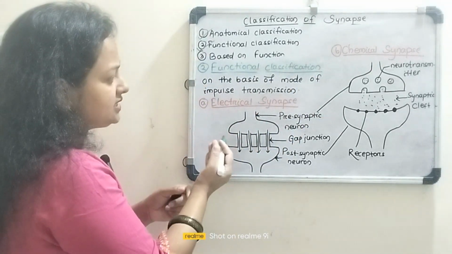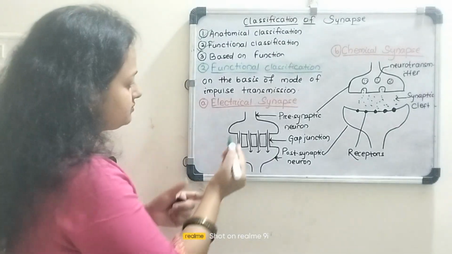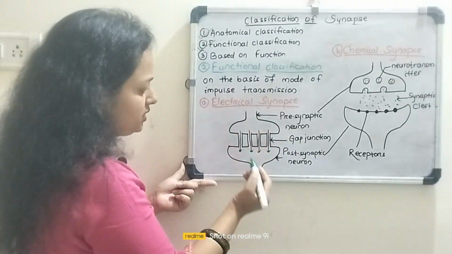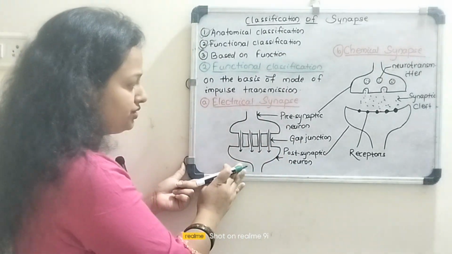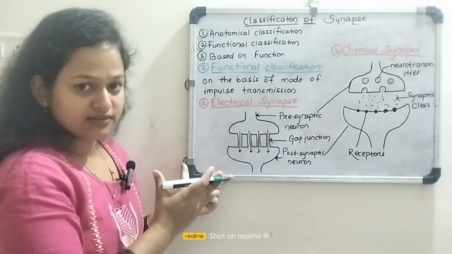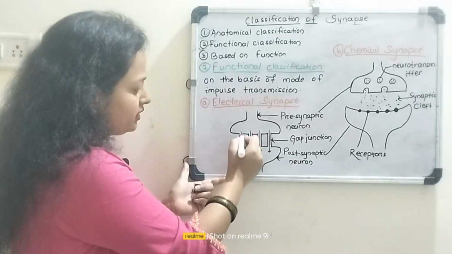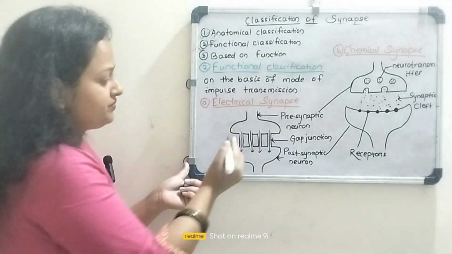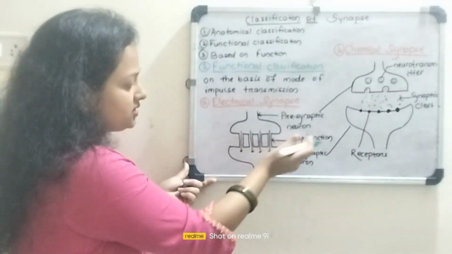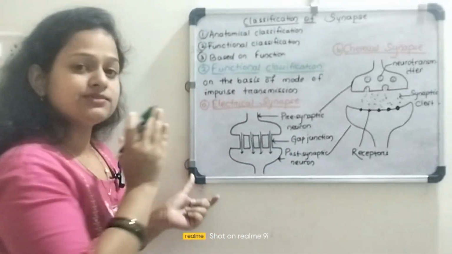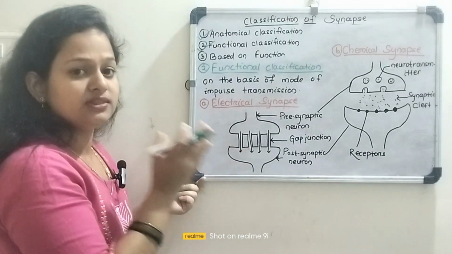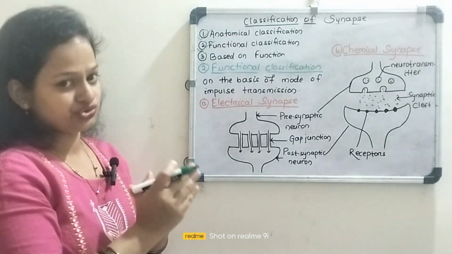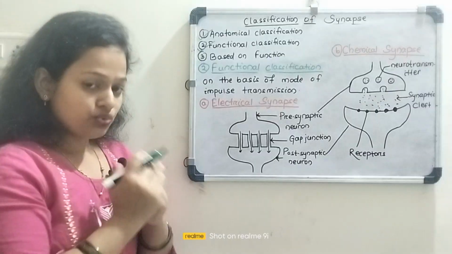So, in electrical synapse, what happens? This is the presynaptic neuron, this is the postsynaptic neuron. In case of electrical synapse, there is a direct contact between the presynaptic neuron and the postsynaptic neuron. And this contact is the gap junction, which forms a bridge between them.